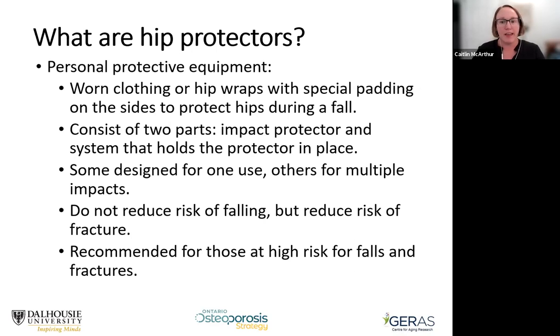So basically they have two parts, an impact protector and then the system that holds the protector in place. The impact protector is usually made of plastic, either hard or soft plastic. There's lots of different designs and we'll talk about a few in a second. Some are designed for just a one-time use and then if they've been fallen on, they need to be replaced. And others are designed for multiple impacts, so somebody who maybe falls more frequently.